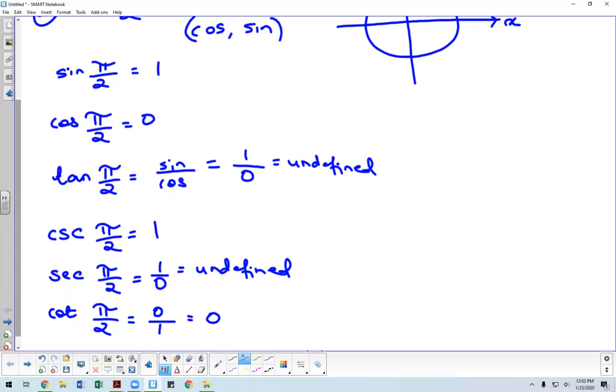And again, just to remind you, sine equals the y coordinate, cosine equals the x coordinate, tangent comes out to be y over x, cosecant is 1 over y, secant is 1 over x, and cotangent is x over y.